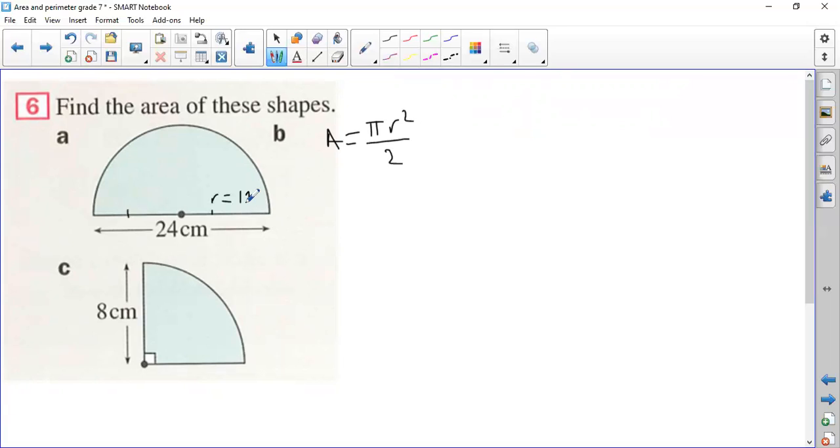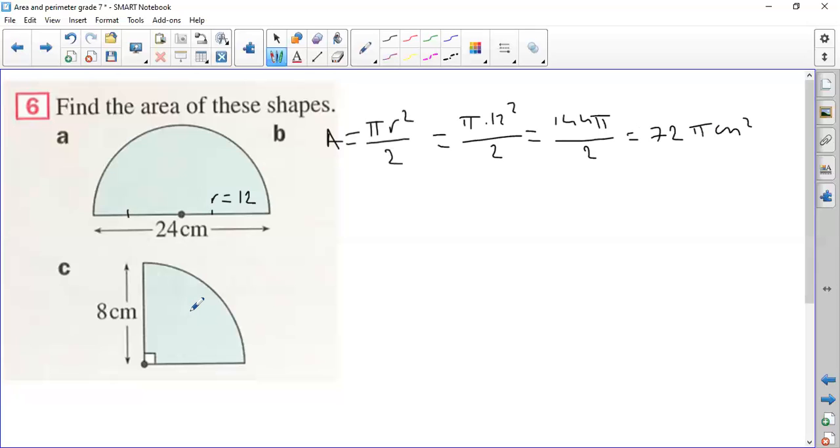So we have to find pi times 12 squared over 2. 12 squared is 144. Pi times 144 over 2 is 72 pi centimeter squared.